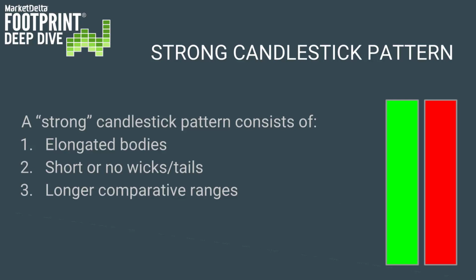The strongest pattern is where there's no wick or tail at all. And then longer comparative ranges. I've mentioned that already, but basically these strong candlestick patterns have long bars compared to a lot of the other bars around them.